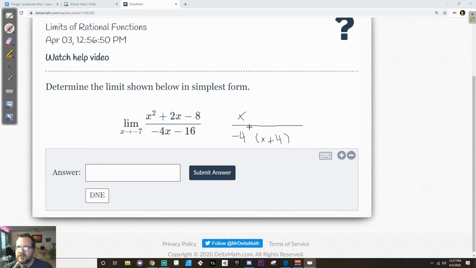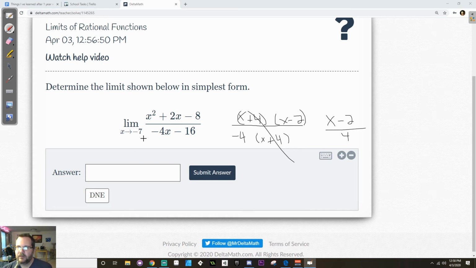That's going to be positive 4 and negative 2. So x plus 4 and then x minus 2. It's a 2, not a 7. So the x plus 4's cancel out, and I'm left with x minus 2 over negative 4.